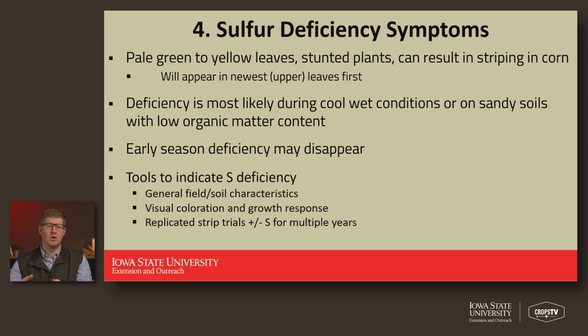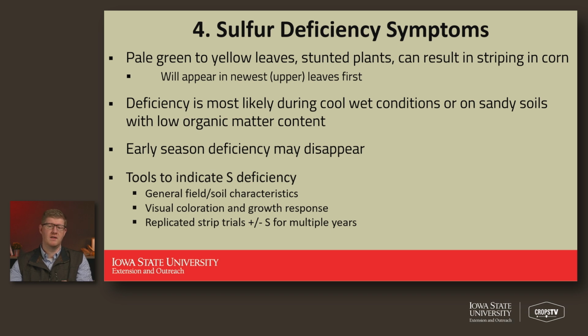And if it doesn't go away over time, then I think you may actually consider that you have a sulfur deficiency. And if you're really worried about it, a good tip, with any of the nutrients that we've talked about so far, might be to implement some replicated strip trials on your farm.